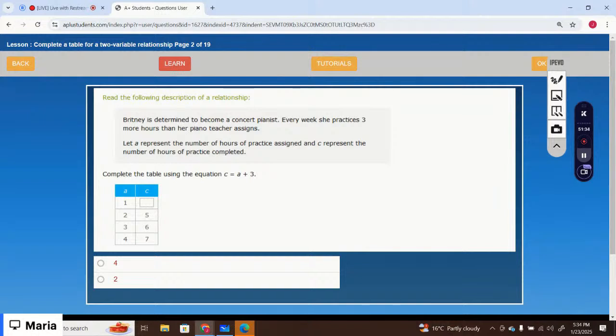So which is the correct option? Three plus one is four. Option number one is the correct option.